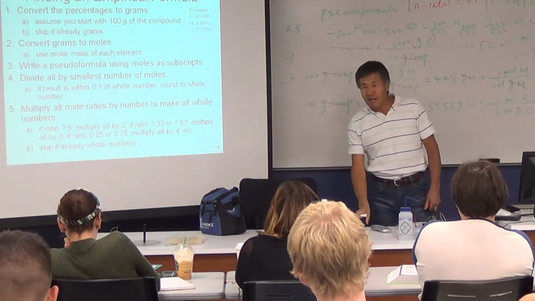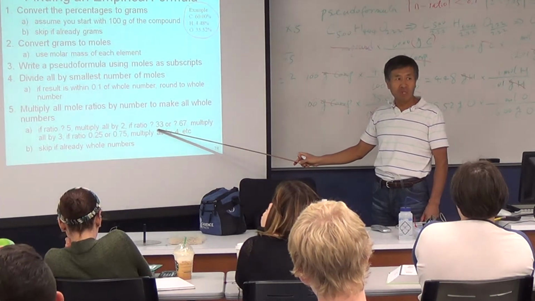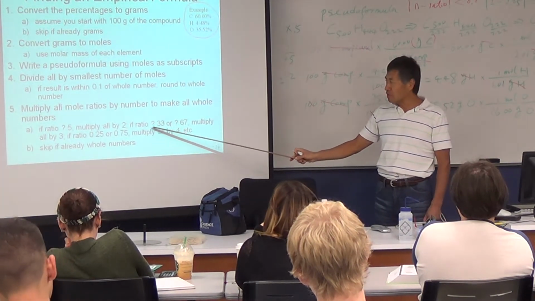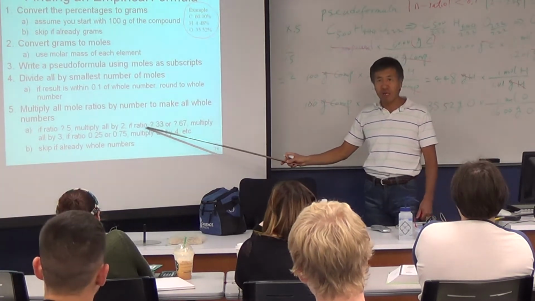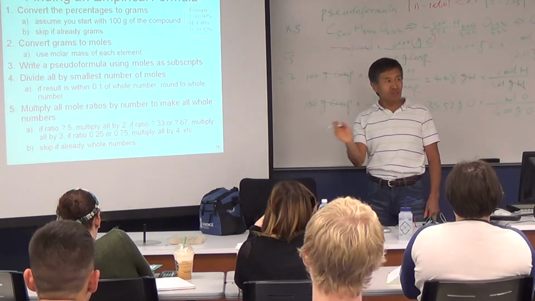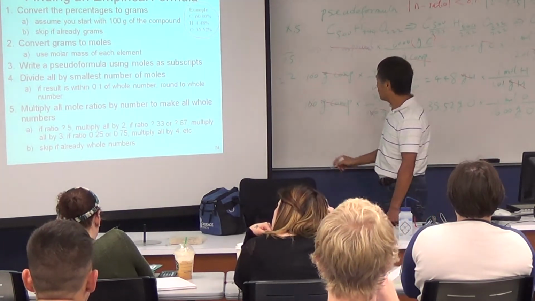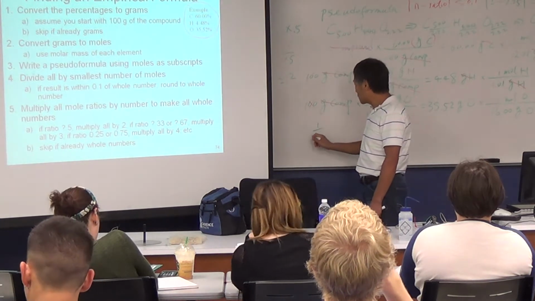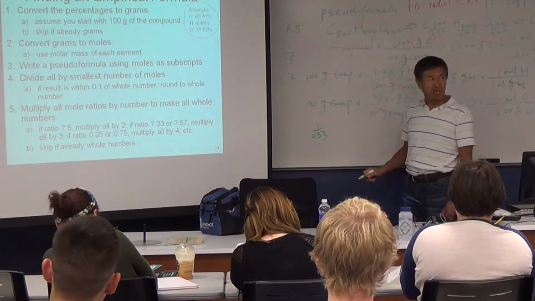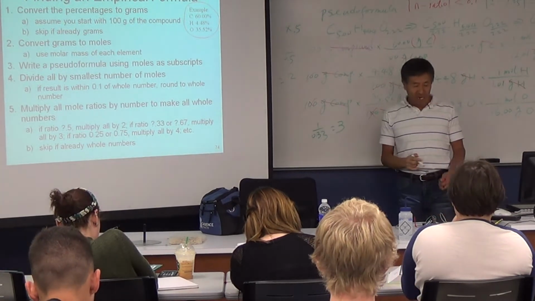If there are numbers ending like 0.33, maybe 1.33, 2.33, where the question mark means any number, like 5.33, you forget about those integers and take the decimals. For example, you take 1 over 0.33, which gives 3, which means you just multiply everything by 3.